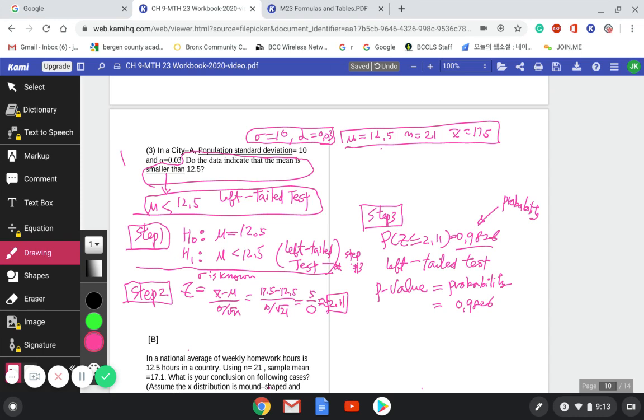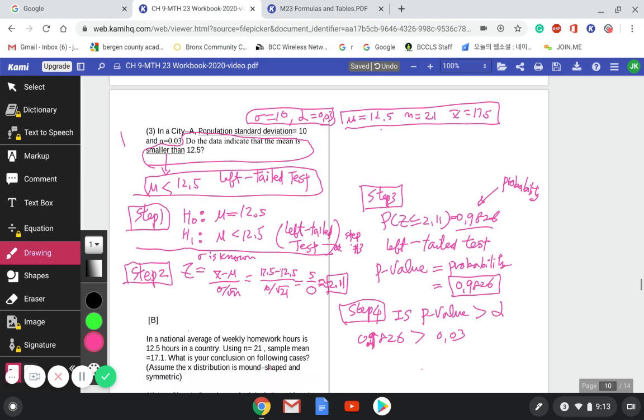And then step 4, you're comparing this p-value. Is the p-value bigger than the level of significance? So let's see, the p-value was 0.9826. Is this bigger than 0.03, they said?